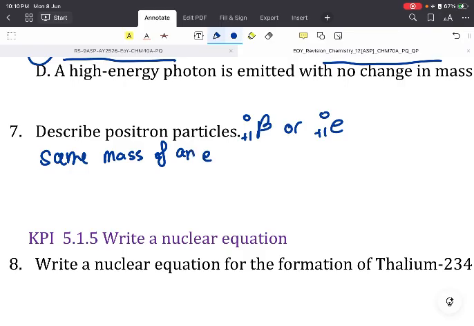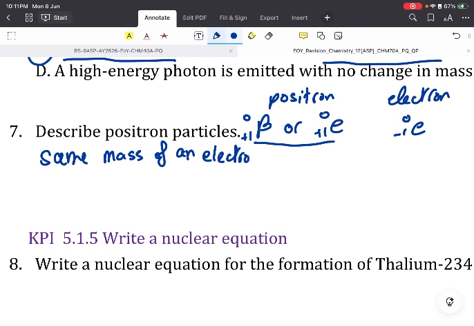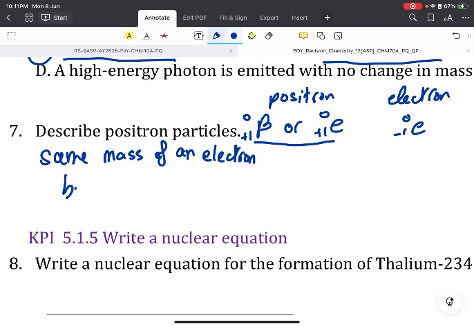You see, this is the positron, and the electron is simply the same but minus 1 instead of plus 1. So we use the same letters. It has the same mass of an electron, but the charge is positive. So that's why I call it a positron.